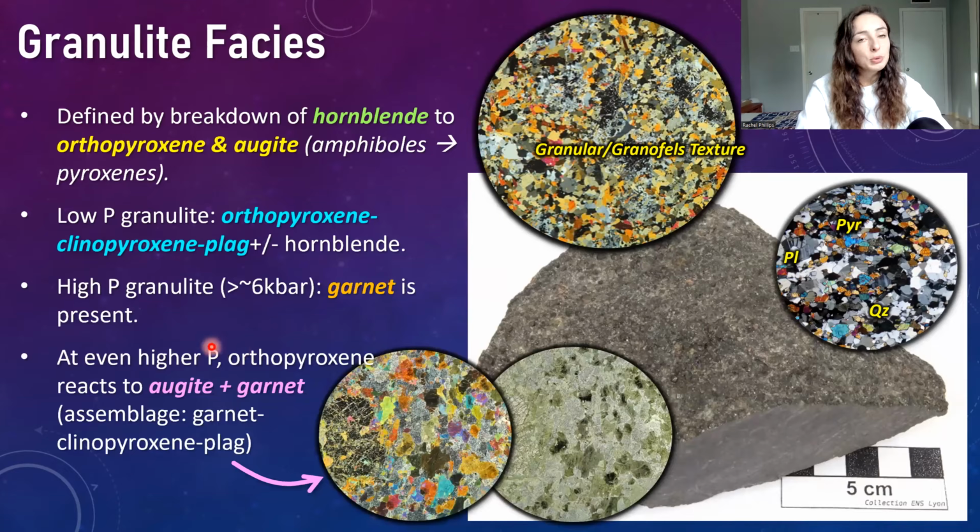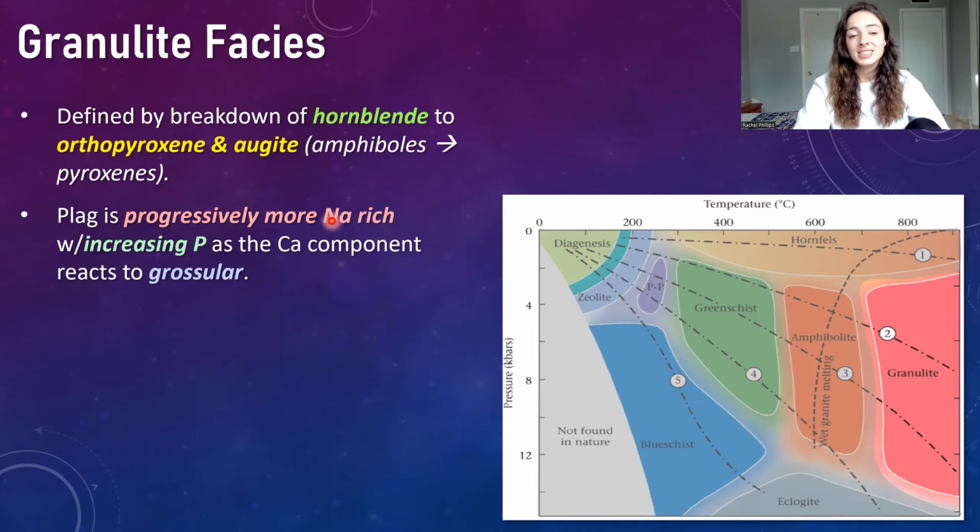At even higher pressure, orthopyroxene reacts to augite and garnet, or clinopyroxene and garnet, and that makes an assemblage of garnet, clinopyroxene, and plagioclase. With increasing pressure, because the calcium component is going into grossular garnet, the plagioclase becomes progressively more sodium rich.